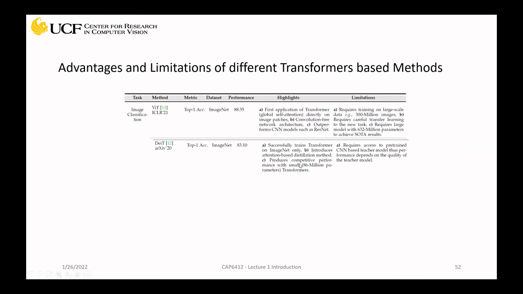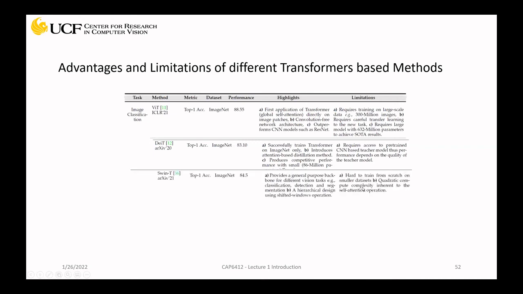And the distillation is a new thing here, which really helps. And it gets pretty competitive performance with small model, 86 million parameters compared to 632 here. Of course, it requires the teacher model from CNN, so that's kind of a limitation.